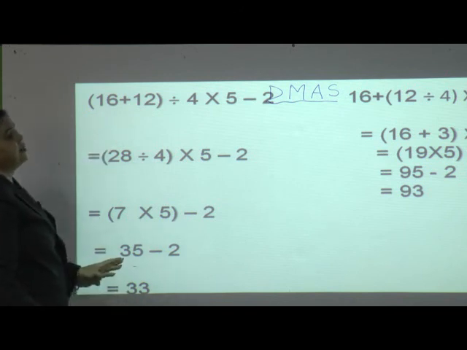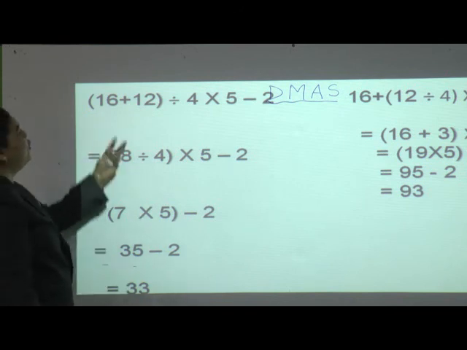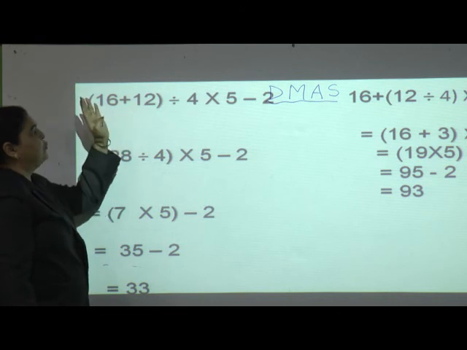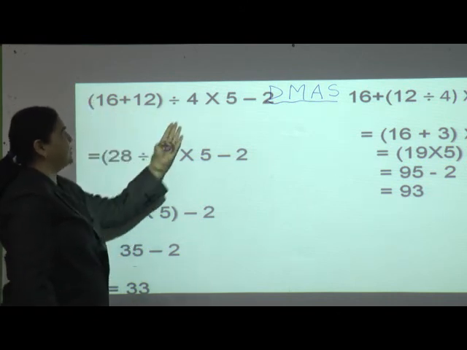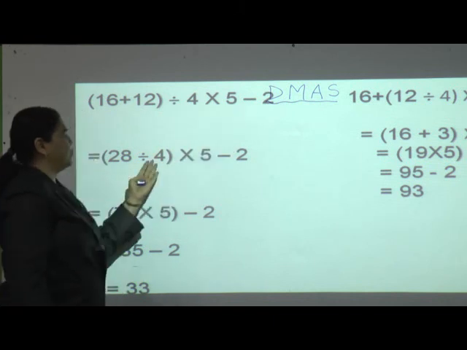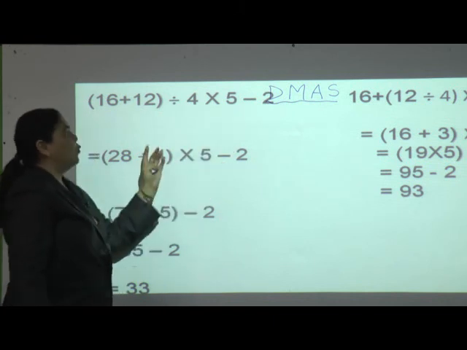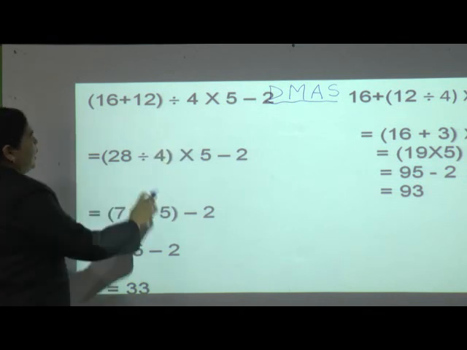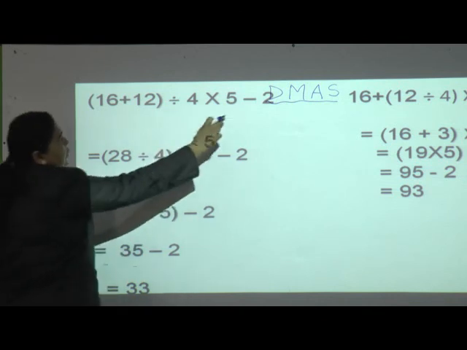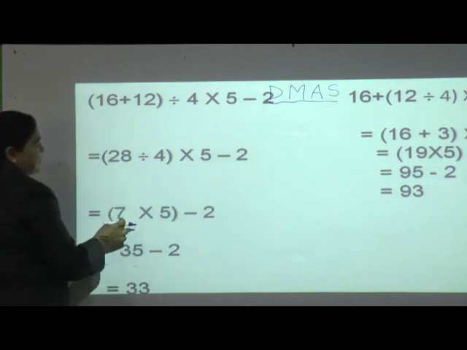Now again I will explain which steps you have to follow. First we have to do the bracket, after that is division, write as it is whatever terms and expressions you are having. One by one, in one step we will go for one operation. After this, our first is division, so we will divide this.